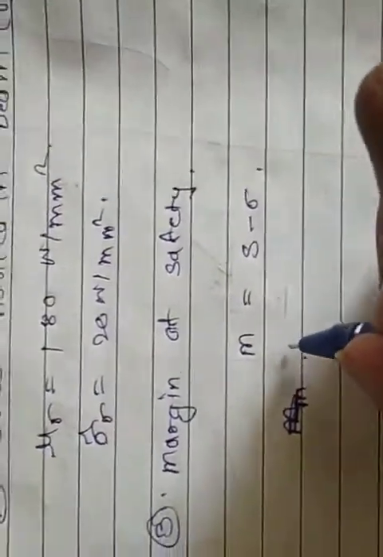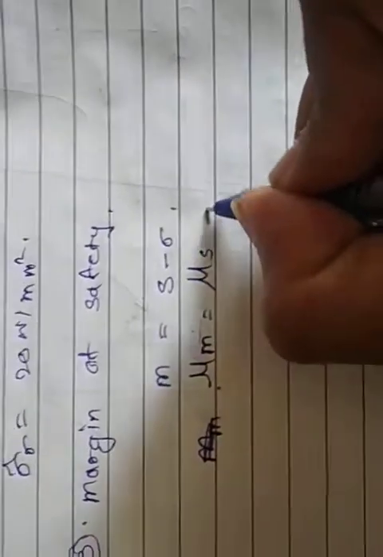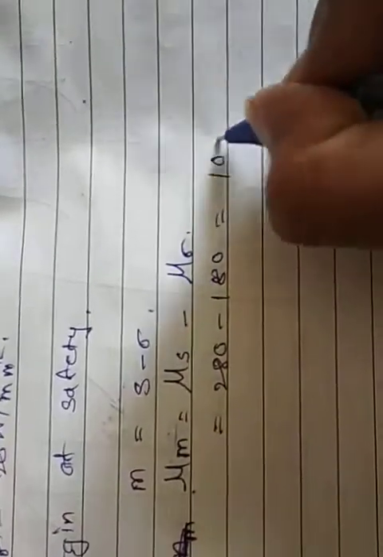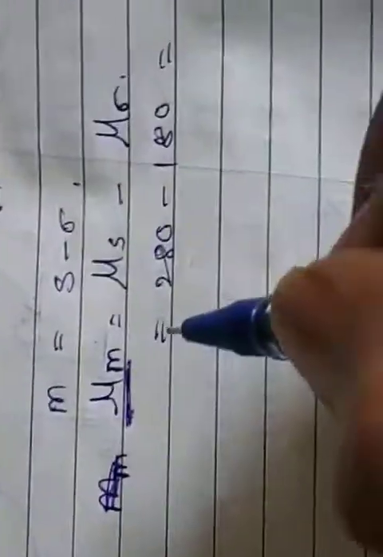So mu m is equal to mu s minus mu sigma. Now we have the values. 280 minus 180 is equal to 100 Newton per mm square. So this mu m is nothing but the mean margin of safety. So we have the value of mean margin of safety.